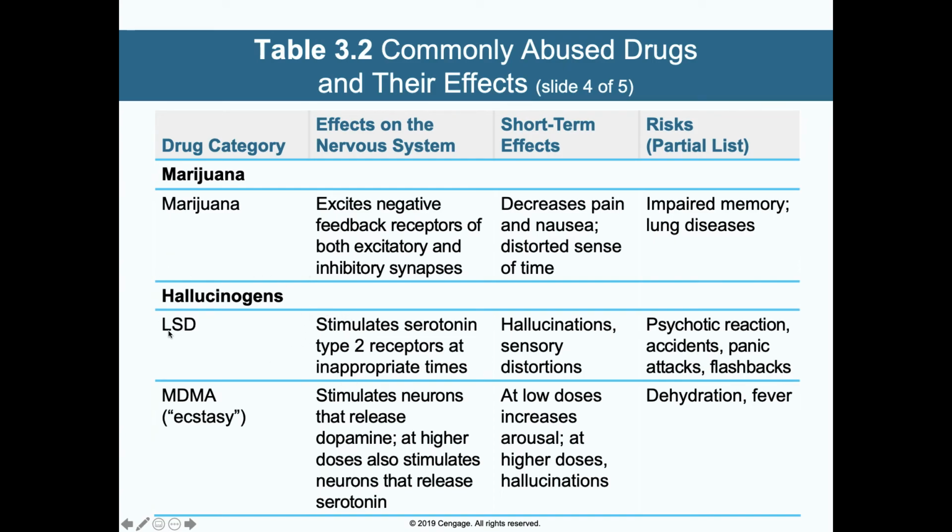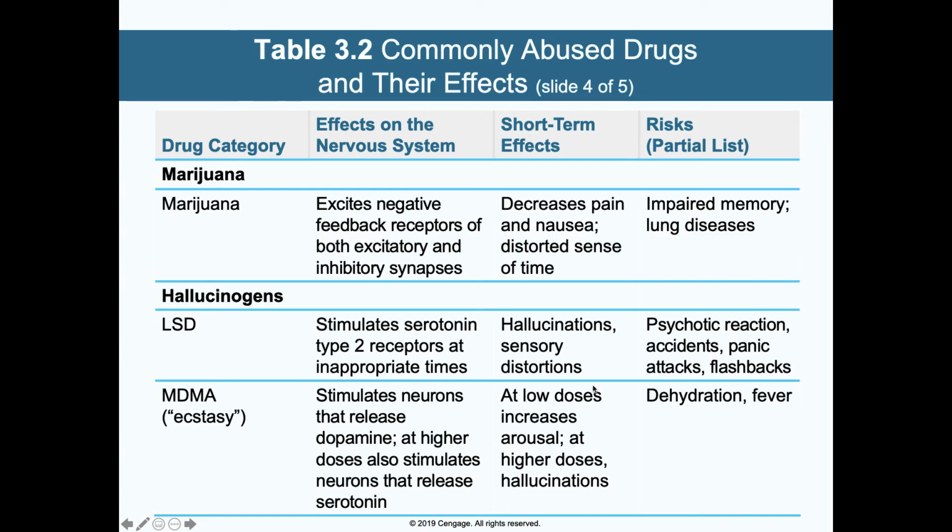And the category of hallucinogens, we have LSD and MDMA, which, again, many of you may know as ecstasy. Again, these are both things that stimulate certain neurotransmitters like serotonin, or, let's say, ecstasy stimulates the neurons that release dopamine, and then at higher doses, it also stimulates neurons that release serotonin.